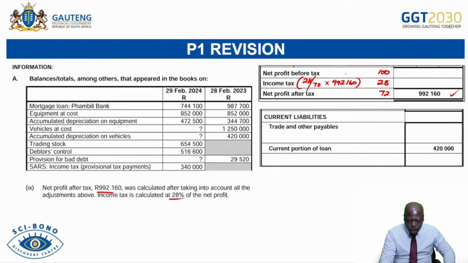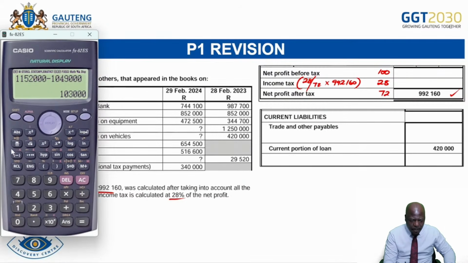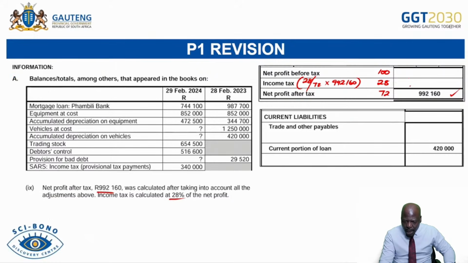992,160. So we say what we want is 28, and what we have is 72, and then we multiply that by 992,160. That should give us 385,840. So in your brackets, you have 385,840.